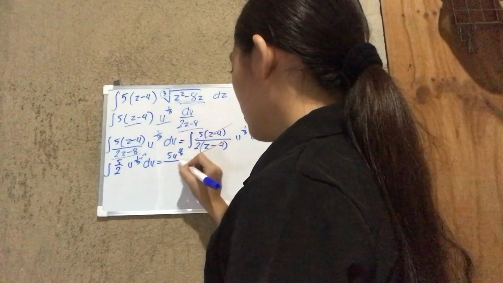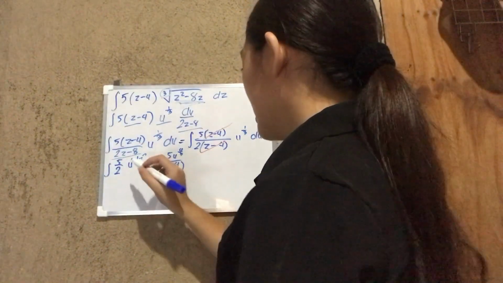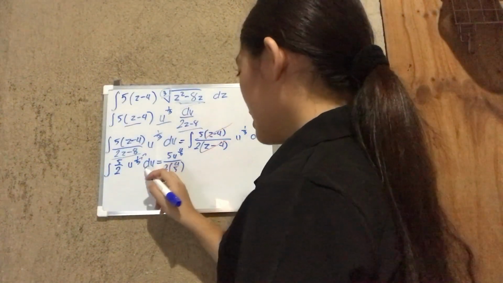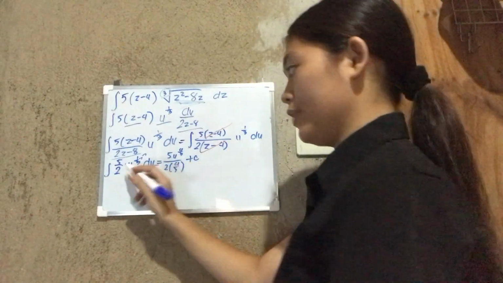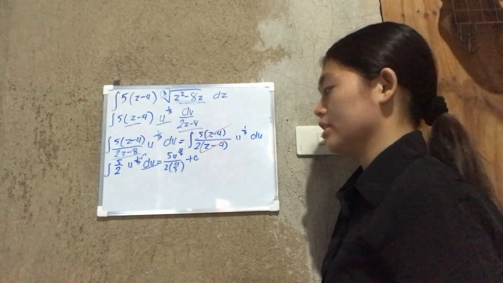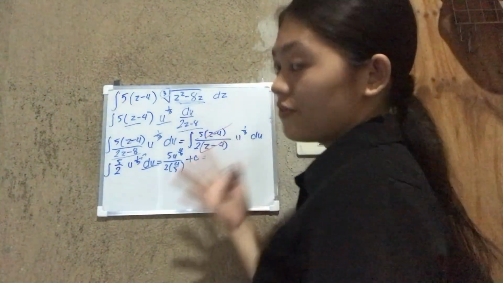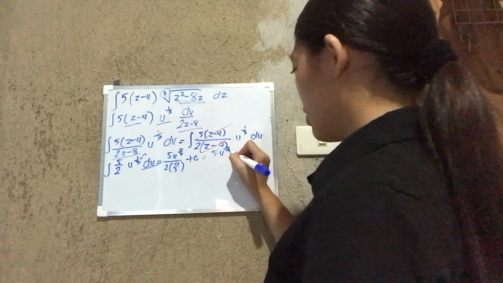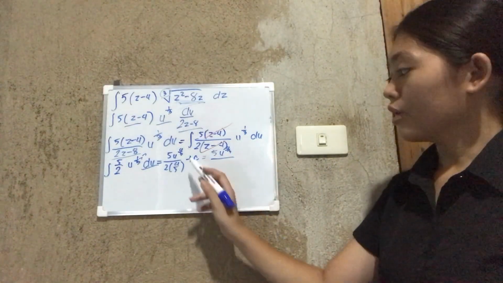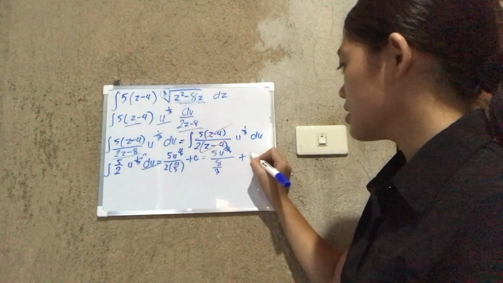Then the 4/3 will be multiplied to the denominator, 4/3. Then instead of writing the du, we're just going to add c because we are already integrating the function. So now let's simplify this form. So it will become 5u to the 4/3 over 4 times 2 is 8, then over 3, plus c.